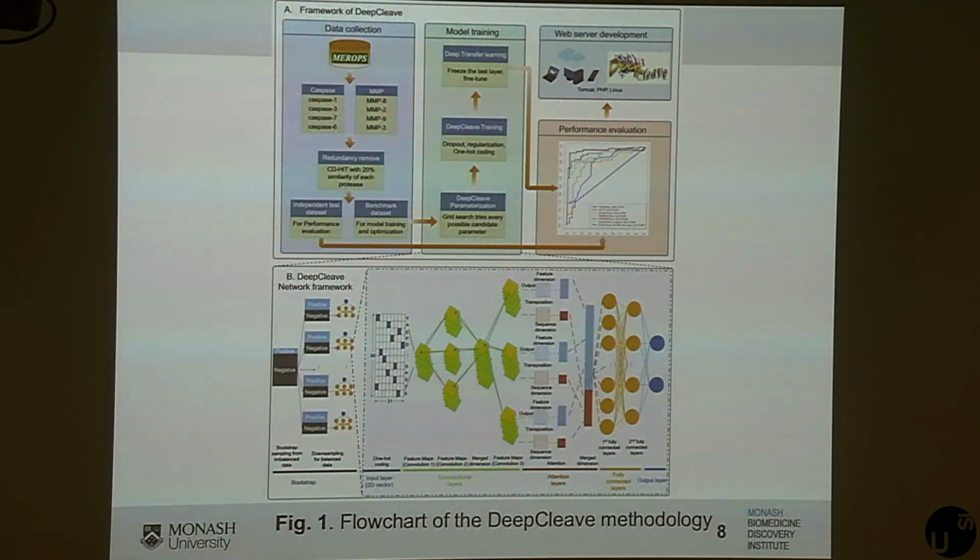The overall flow chart of DeepCleave is like that. We start with dataset curation from the MEROPS database. We curate the dataset by classifying the substrates of different proteases. Specifically, we focus on two protease families, the caspase family and the matrix metalloprotease MMP family. There are a number of types affiliated with each protein family.